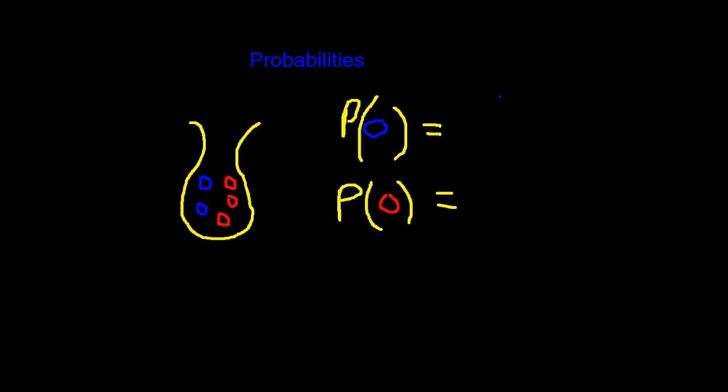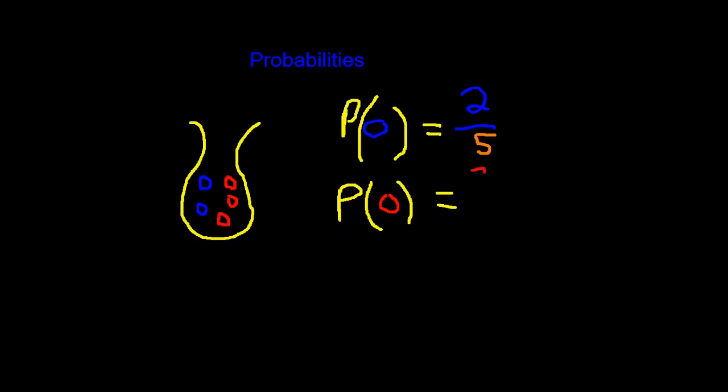So, okay, what's the probability of getting a blue ball? Well, that's just simply the number of blue balls, two blue balls out of the entire number of balls. So it's 2/5, right?